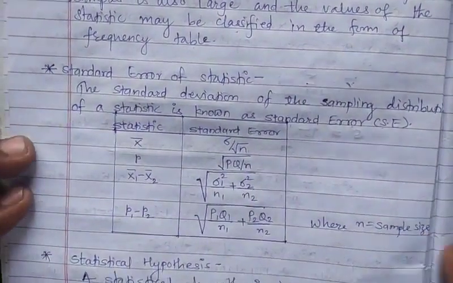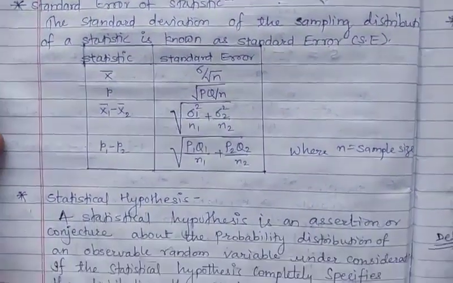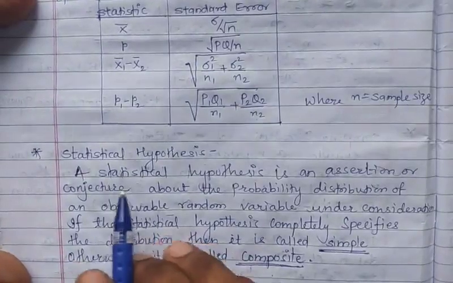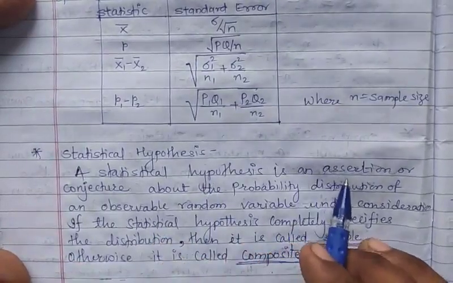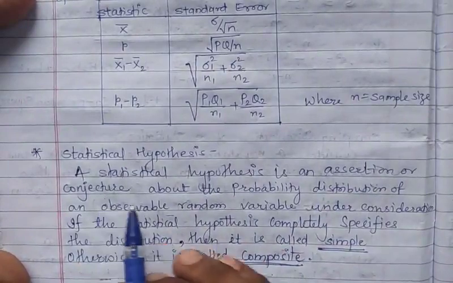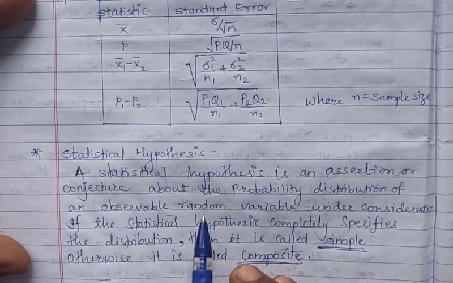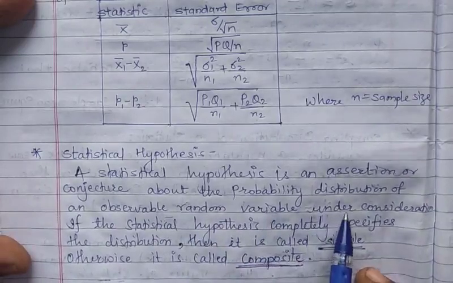Now we will see statistical hypothesis. What is meant by statistical hypothesis? A statistical hypothesis is an assertion or conjecture about the probability distribution of an observable random variable under consideration.